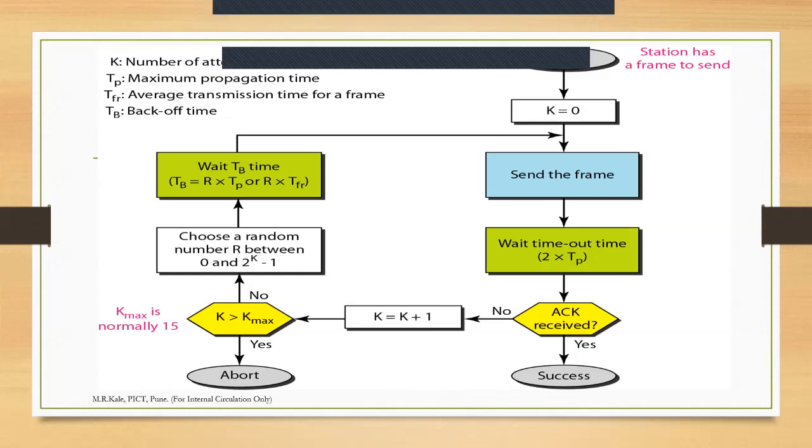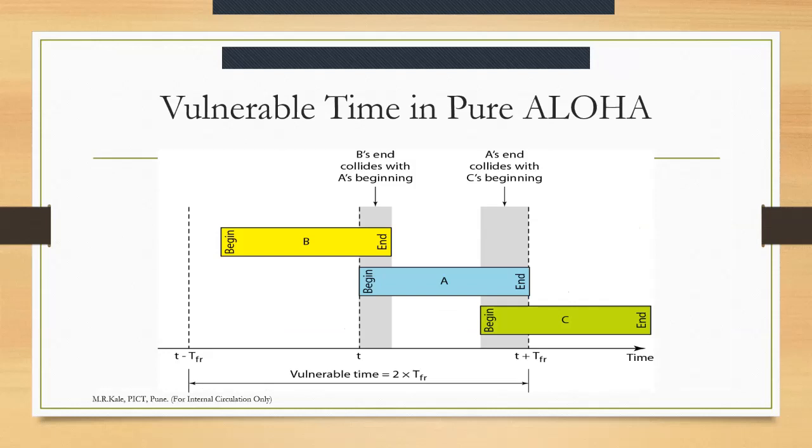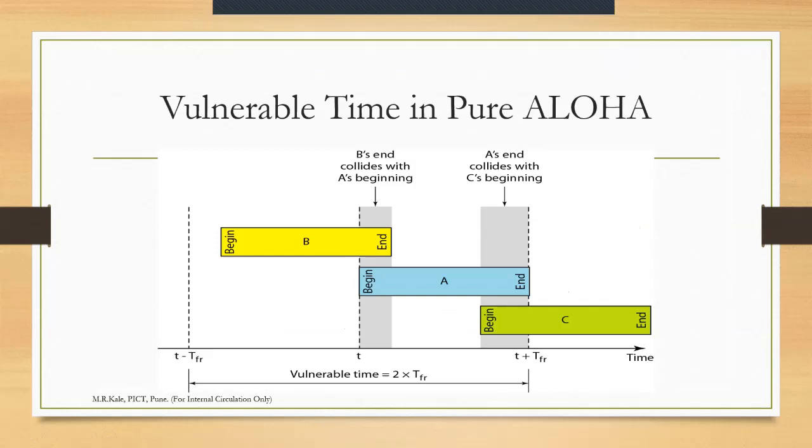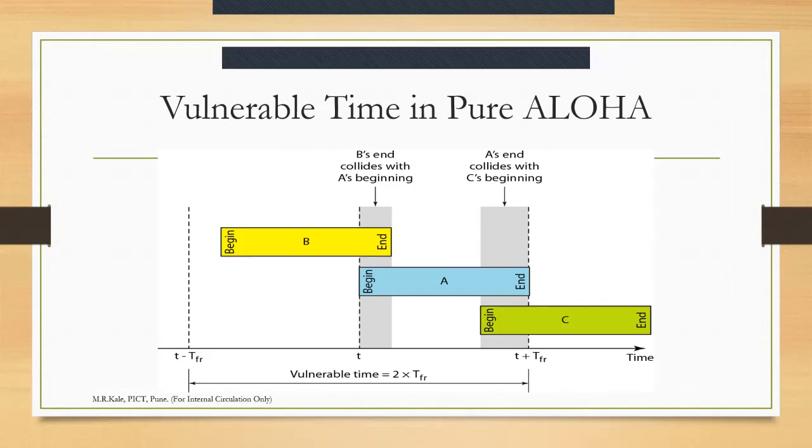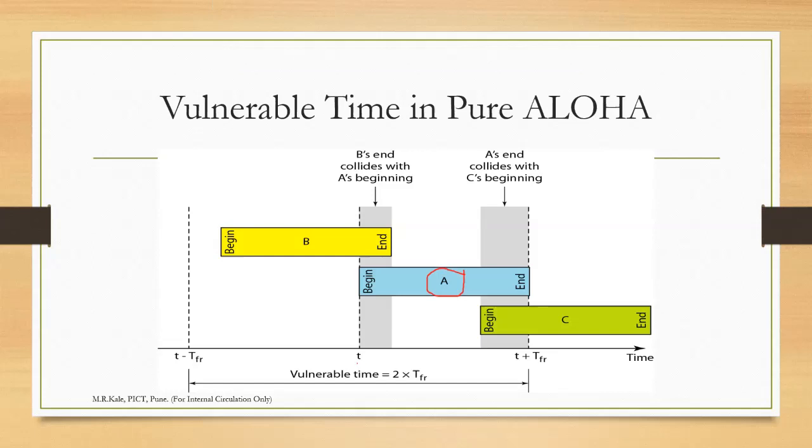So now let us proceed to understand a few more parameters for pure ALOHA. This is called the vulnerable time in pure ALOHA. That means the time in which there is a possibility of collision. This vulnerable time is nothing but the sensitive time, we can say. During this time, we can have a collision. Take an example. Station A has sent the data at time t, and this is t plus TFR, because this is the frame transmission time, that is the time required to send the complete frame.